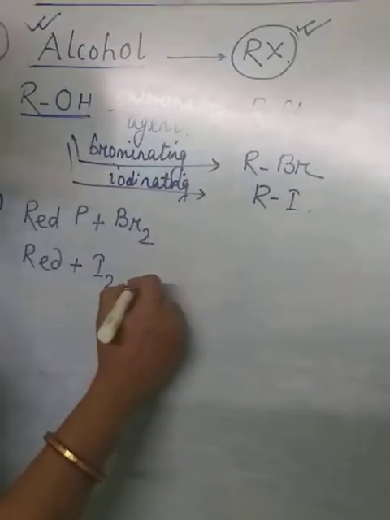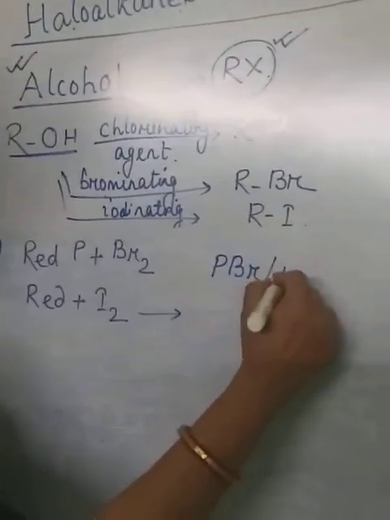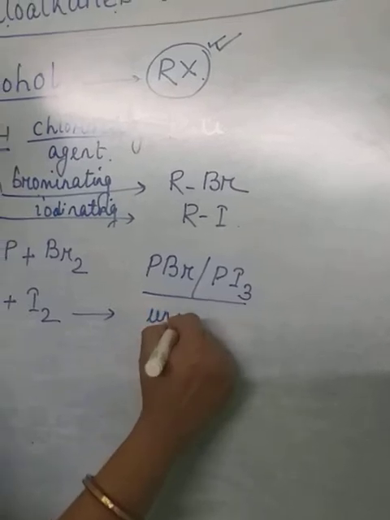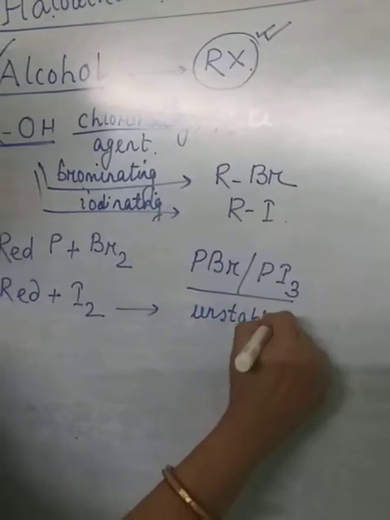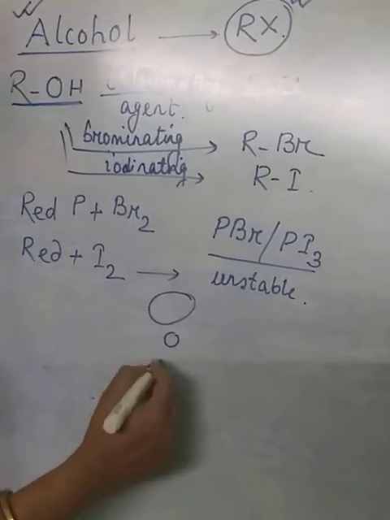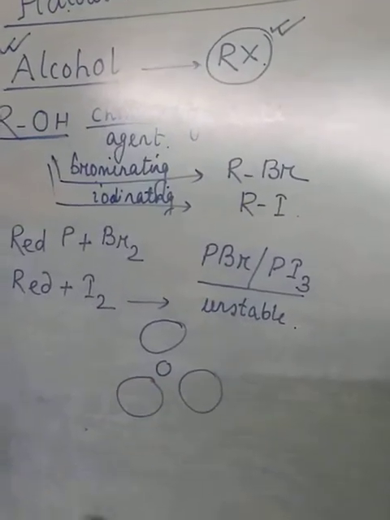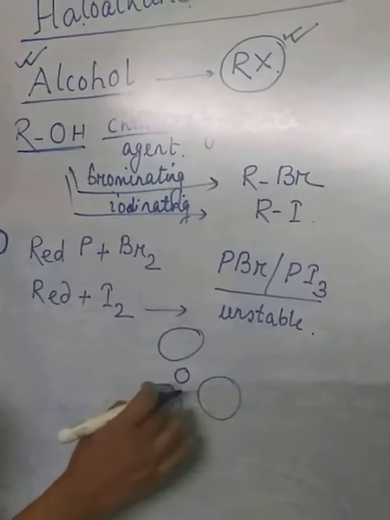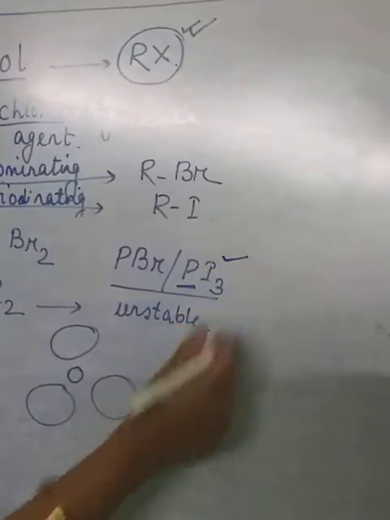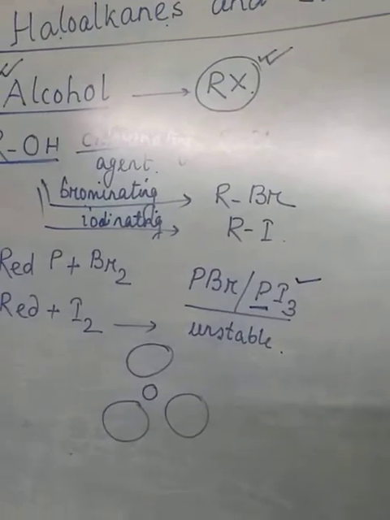Why? First thing is, PBr3 or PI3 are sterically unstable compounds. Think of this phosphorus, the small one, as the middle, while the 3 Br are extremely large. So it is obvious that the small phosphorus cannot hold all these three. The same thing is for iodine also, it is even larger than bromine.